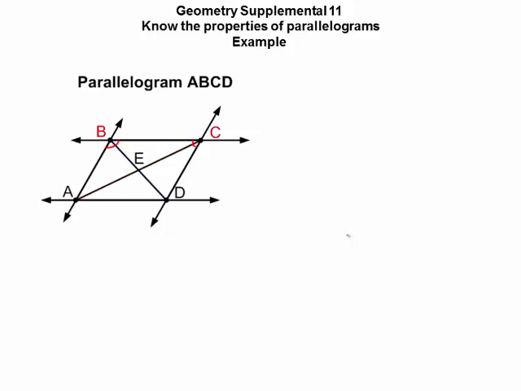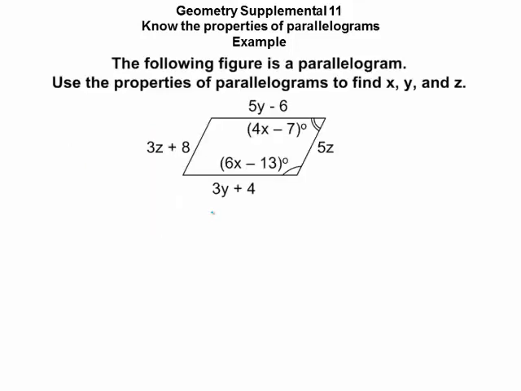We have diagonals that bisect each other, and then these are the consecutive angles that would add up to 180. We're going to use these properties to solve for x, y, and z.